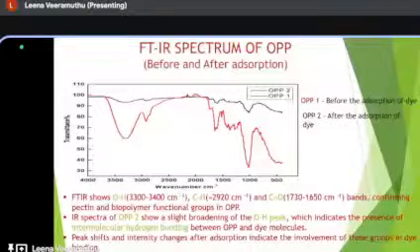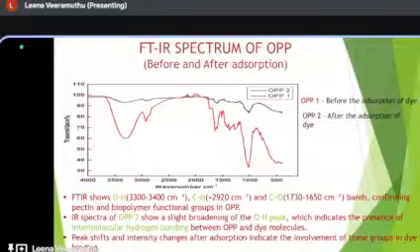From the spectrum, we can observe the red peak of OPP before adsorption shows a broad band around 3300 to 3400 region, which corresponds to O-H stretching of hydroxyl groups from the cellulose, hemicellulose, and pectin biopolymers present in OPP.